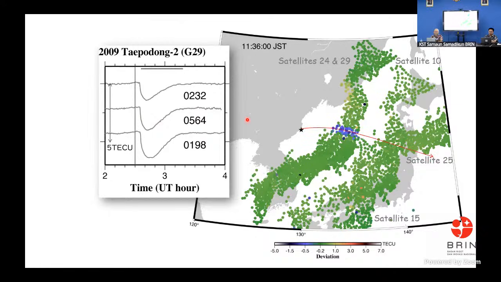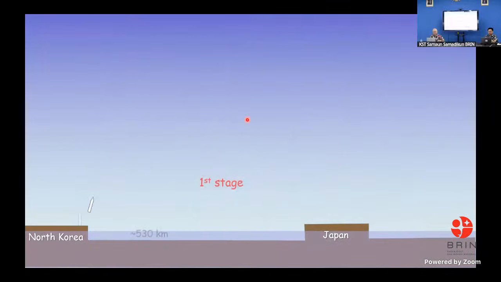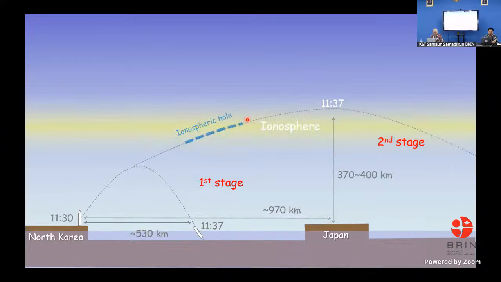So we can know that the missile has flown along this red curve. It's an event in 2009. So it was a two-stage rocket, and the first stage didn't reach the ionosphere, but the second stage penetrated, making a hole in the ionosphere. And so we could see this hole by observing GNSS stations in the northwestern sky.